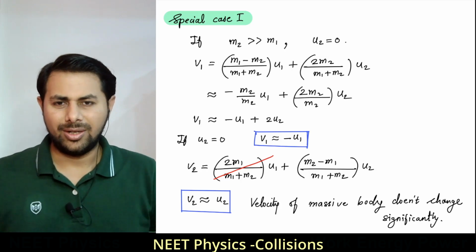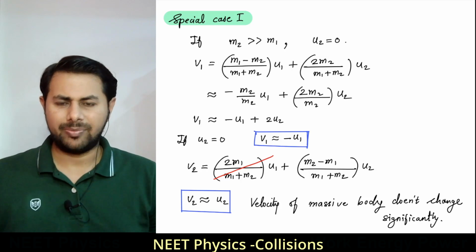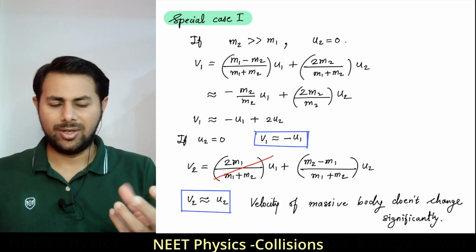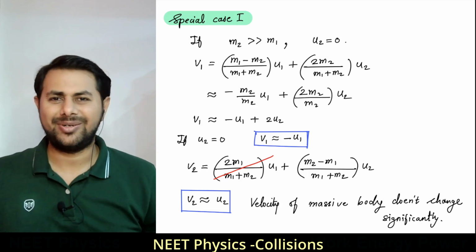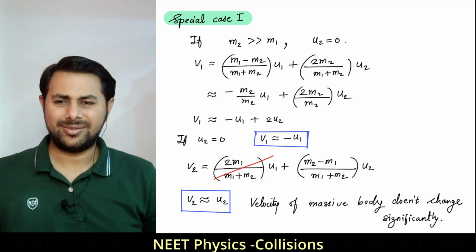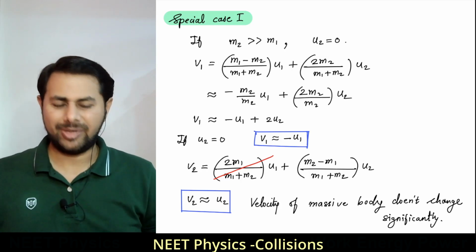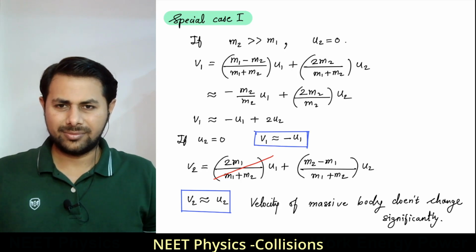The mass of the wall is far greater compared to, suppose the second body is a wall and the first body is a ball. So you take a ball and you hit it on a wall. What will happen? Nothing will happen to the wall, but the ball will bounce back with the same speed, right?